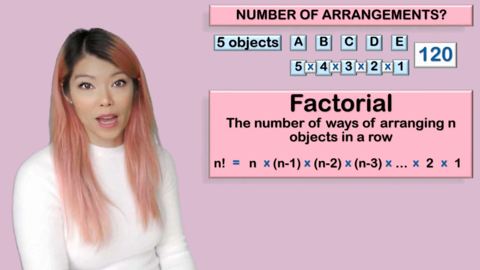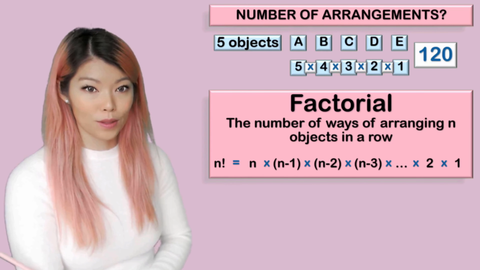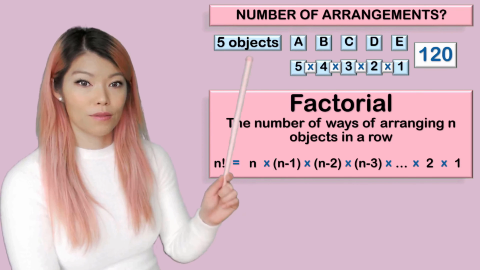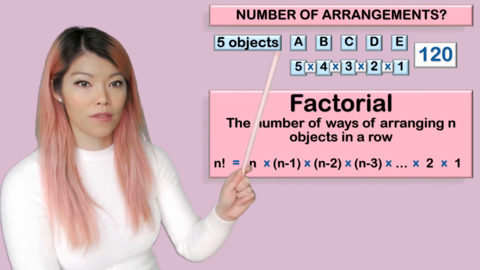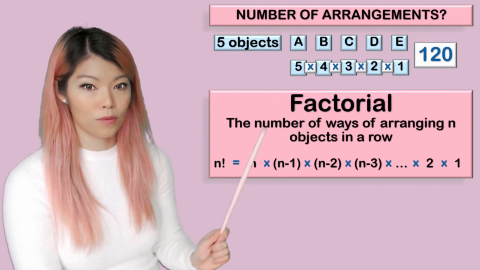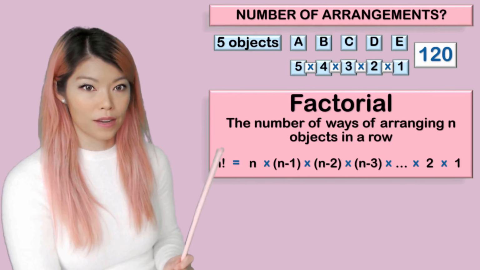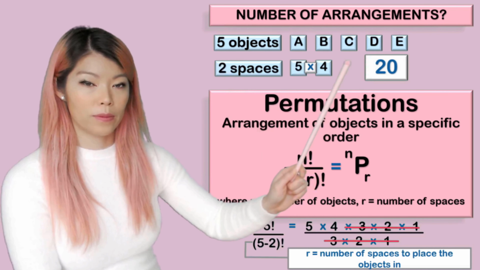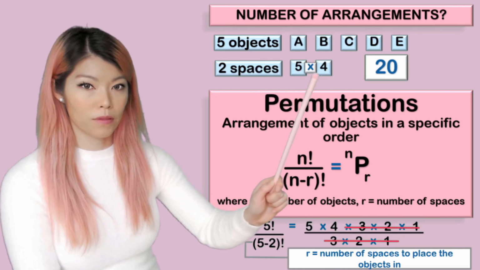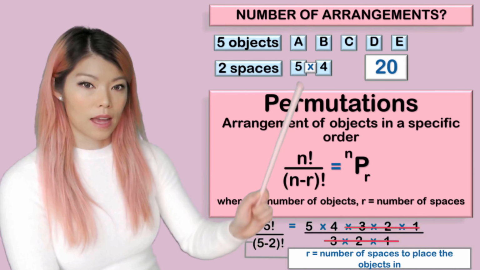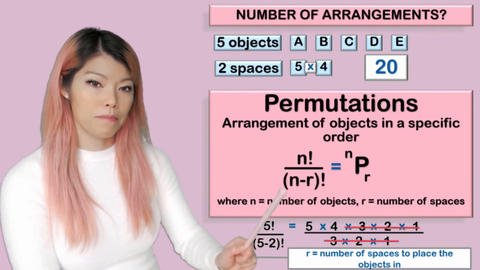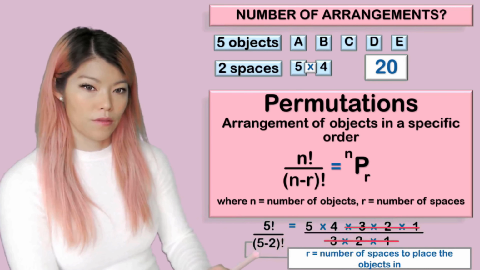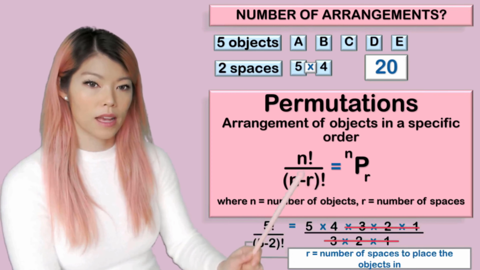Let's travel through time and start from the beginning so that we can link everything we've learned so far. So we started off with factorial, where we had 5 objects and we just arranged them, and it was 5 factorial or n factorial. Then we talked about permutations, when we had 5 objects but a limited number of spaces, and in that example we had to divide by the missing spaces to cancel out the 3, 2, 1, like so, dividing by the missing spaces, n minus r factorial.